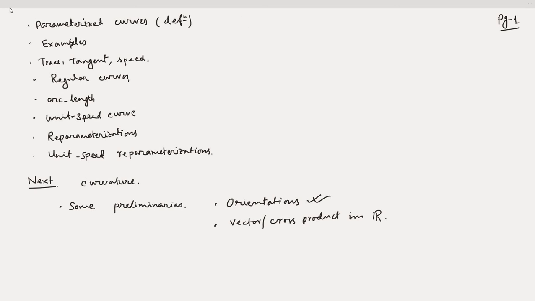So this is page 2. These are done. So today's topic is orientations.